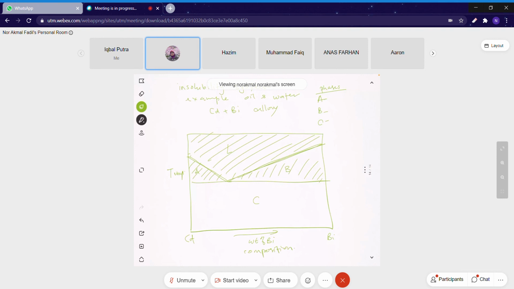I'm so sorry, this is really confusing. Let me give a label. This line, liquidus. This is solidus. This is liquidus. So what are the phases in region A?